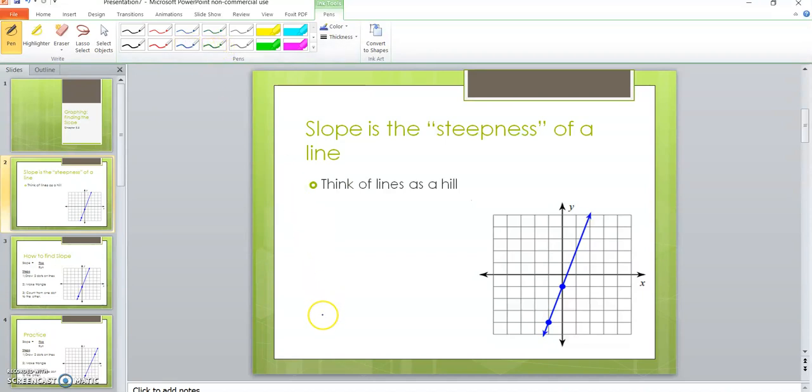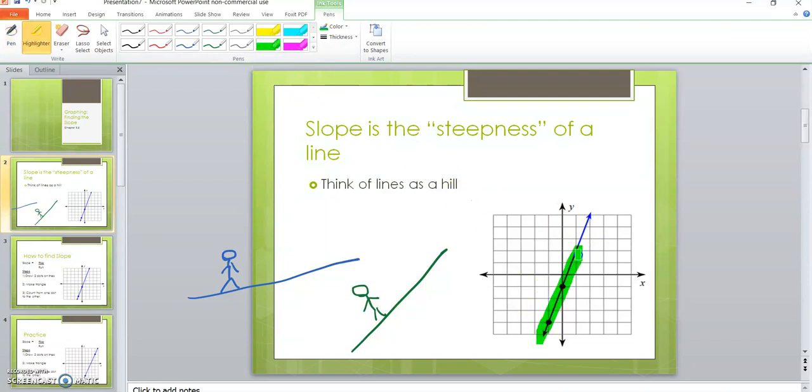So when I say steepness, I want you to think of it as almost like a hill, where if you're walking up a hill that's like that, it's not very steep. But if you're walking up a hill like this, it's quite steep. Okay? So when you're thinking of these lines, I want you to think of it like a hill.